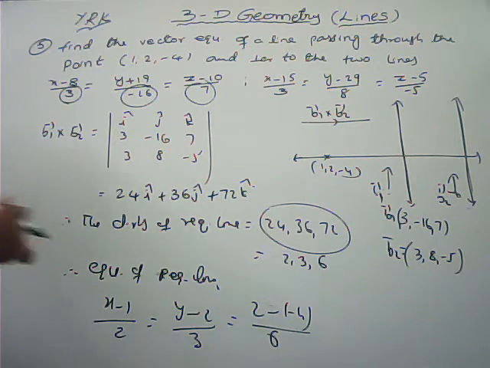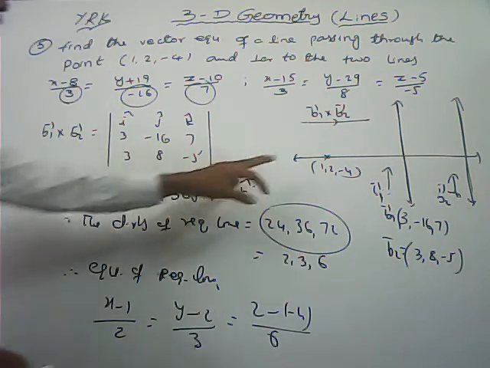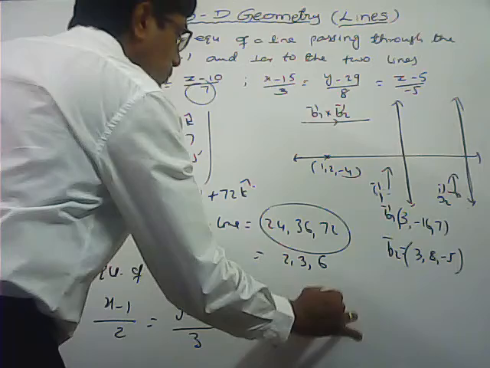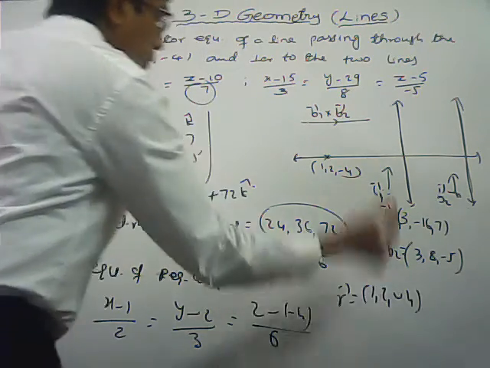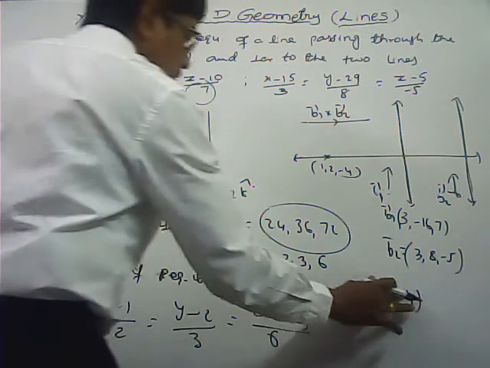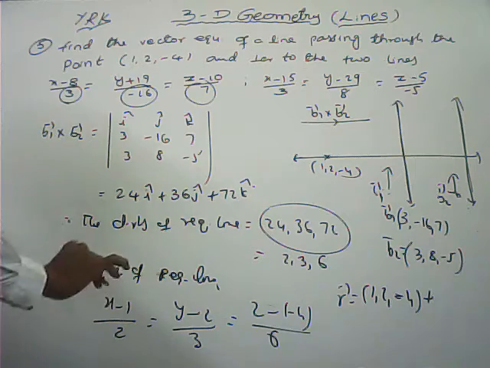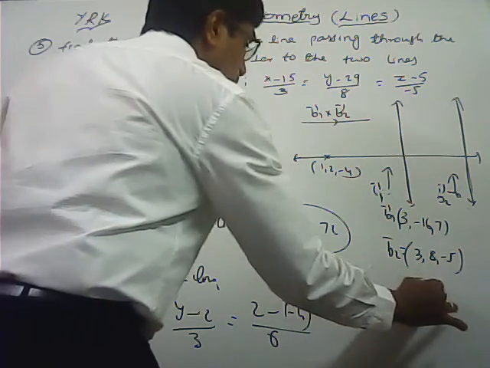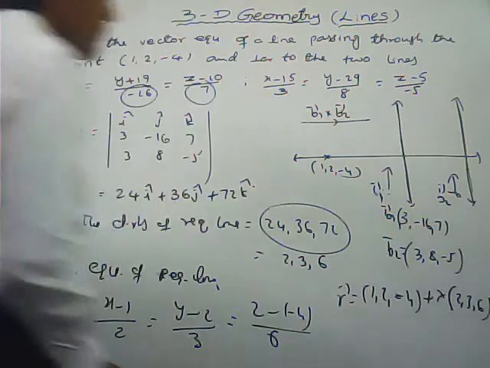If you want to write in the vector form, r bar is equal to a bar, passing through the point 1, 2, minus 4. Here you can expand: i cap plus 2j cap minus 4k cap. r bar equals a bar plus lambda b bar, where b bar is 2i cap plus 3j cap plus 6k cap.